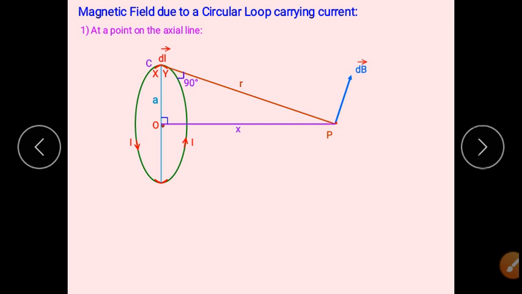So we have got the direction of the magnetic field produced not by the entire circular loop but by a small current element xy. Now we can resolve this magnetic field dB into two components as shown in the figure.